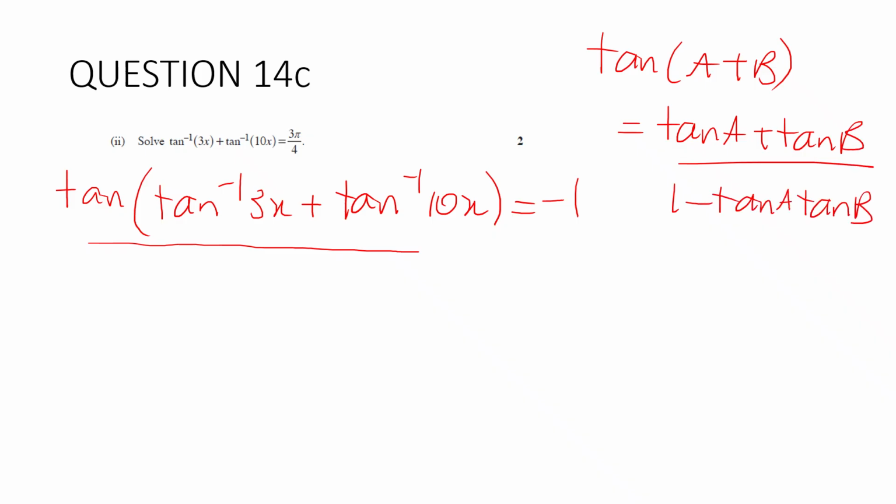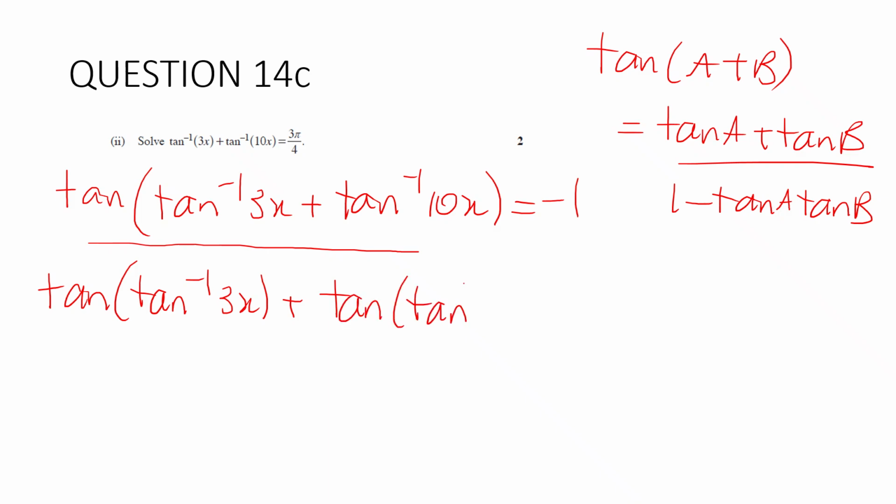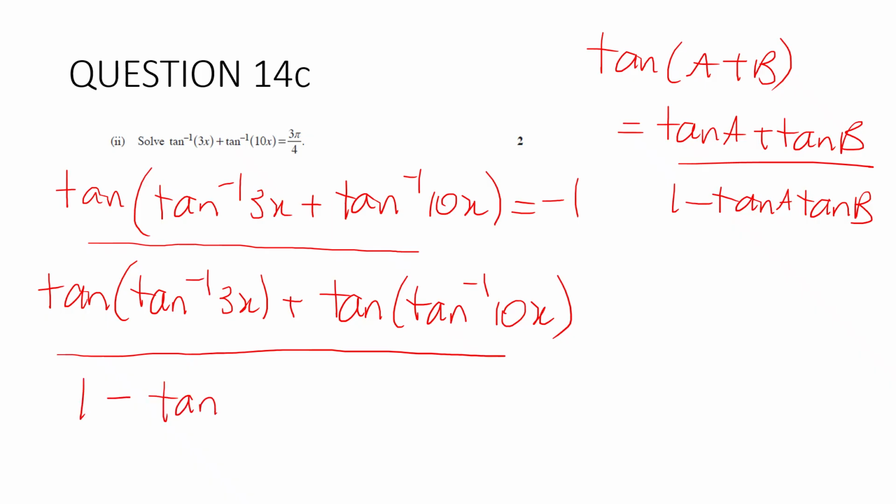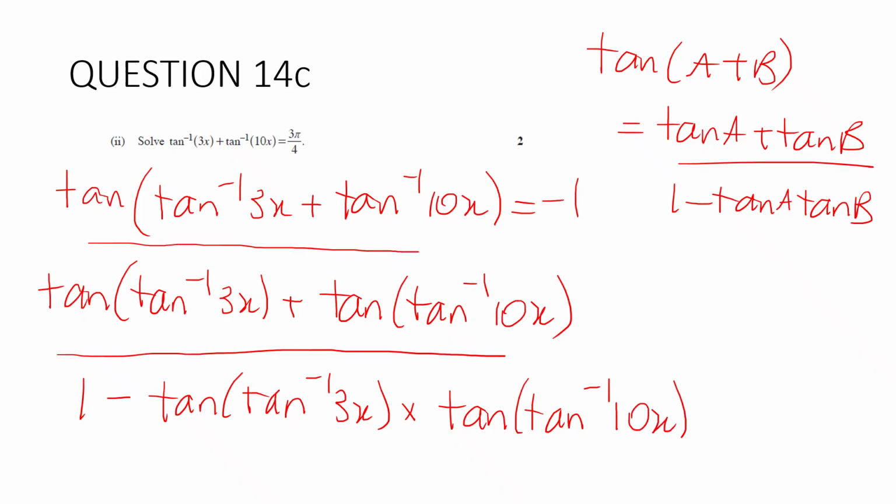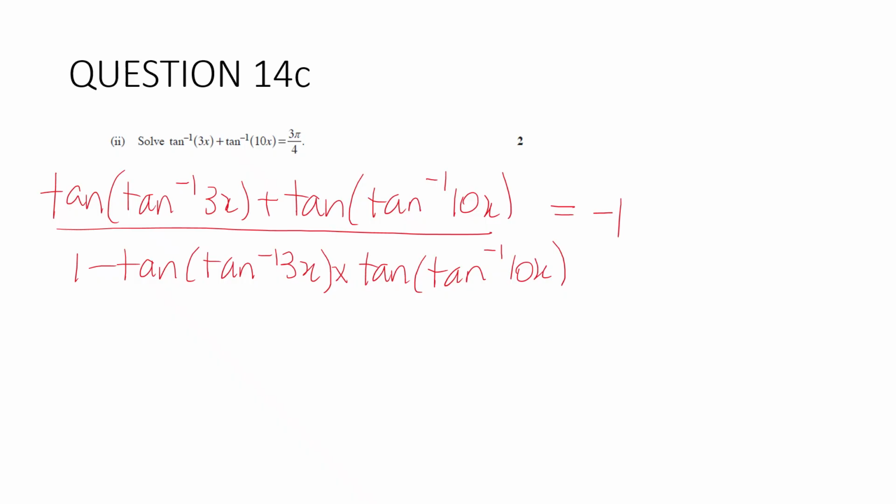So we have tan of inverse tan of 3x plus tan of inverse tan of 10x all over 1 minus tan of inverse tan of 3x times tan of inverse tan of 10x is equal to negative 1. We can tidy that up.